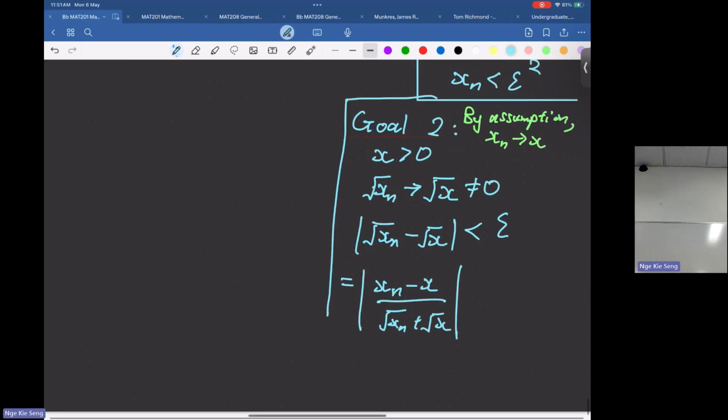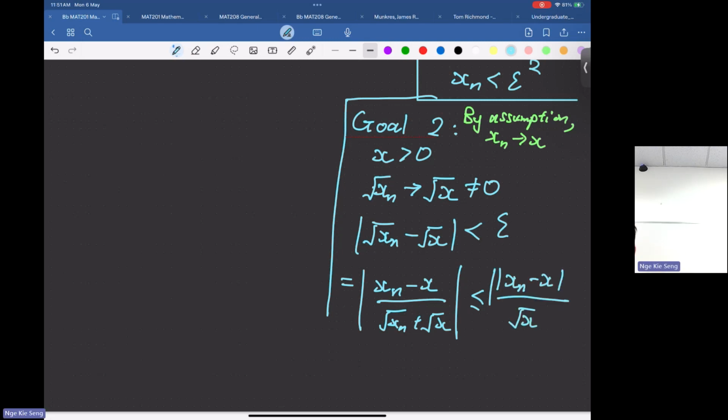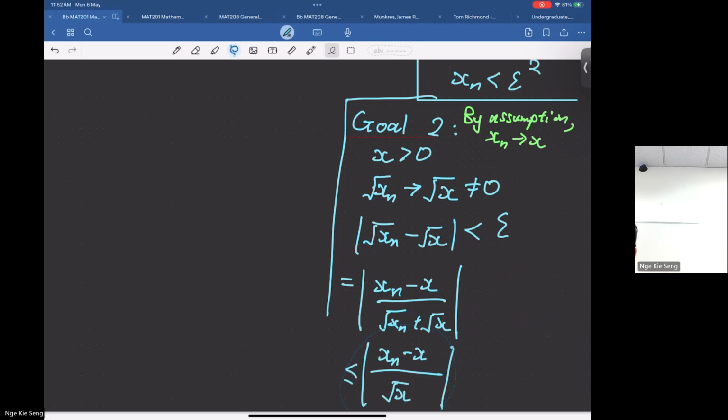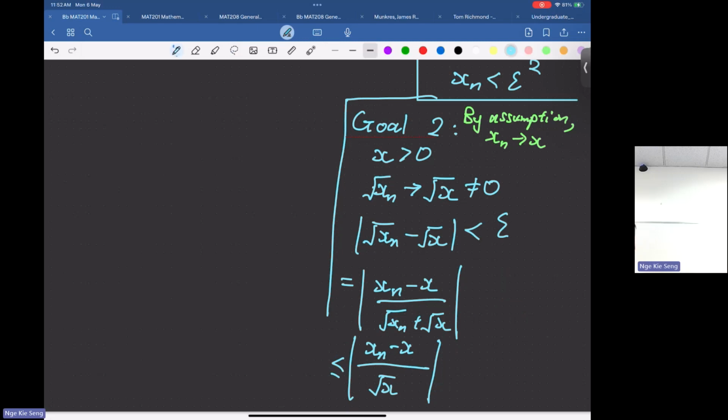So if I make the denominator smaller by removing the square root of xn, I can make the quotient larger. What's the reason here?